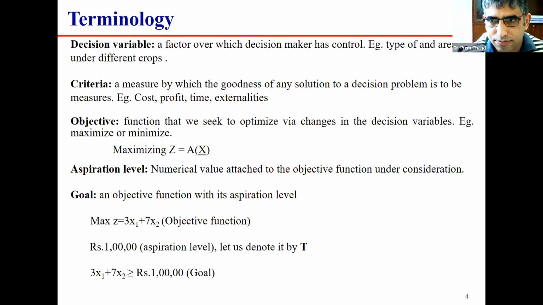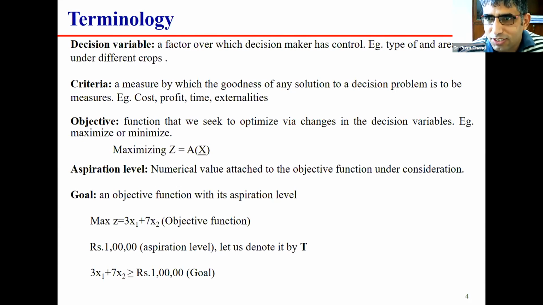Constraint will be constraint. Then comes the criteria. Criteria means the measuring rods against which our solution is called good or bad. Like cost, whether we want to minimize it, profit, whether we want to maximize it, time, whether we are going to take 2 crops or 3 crops.